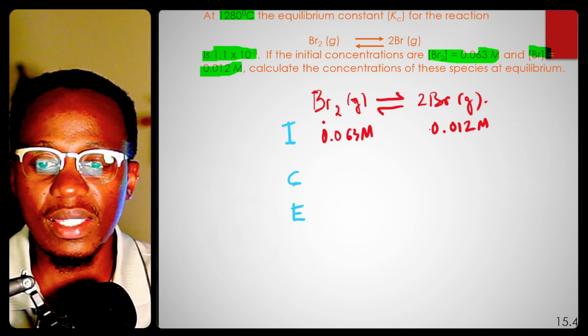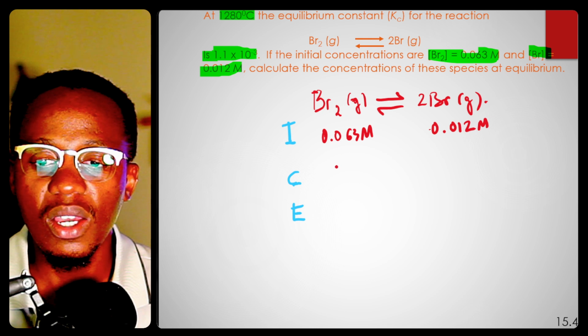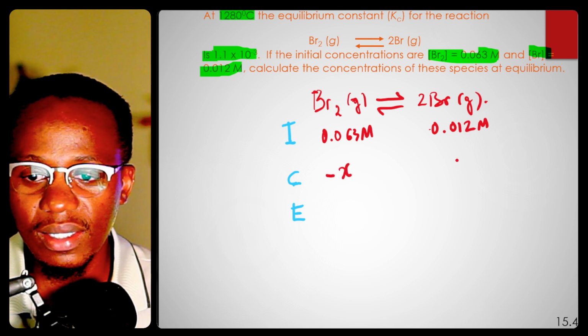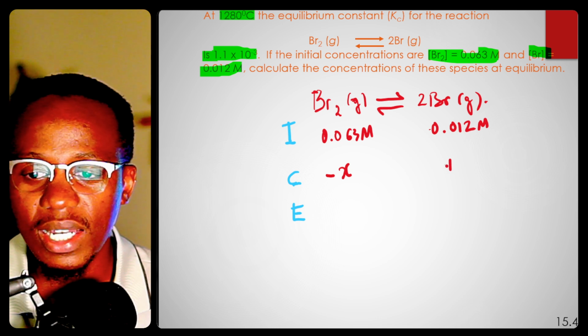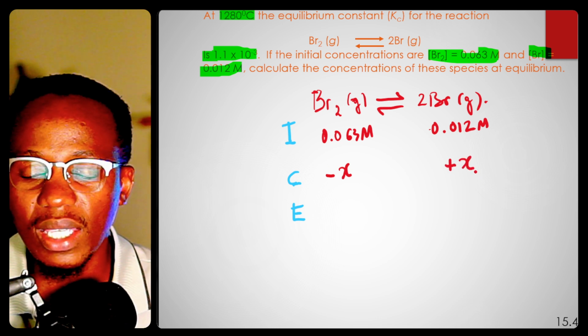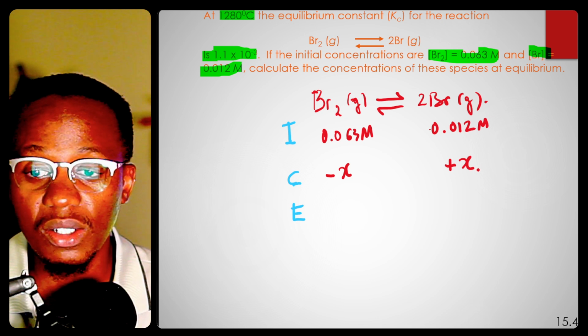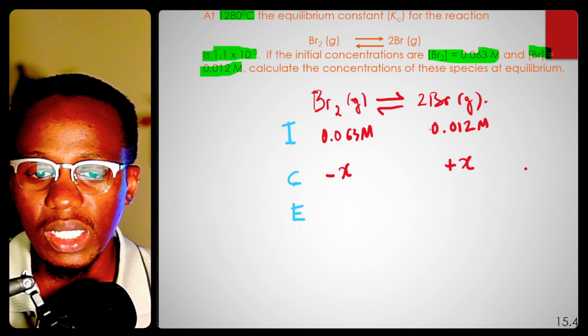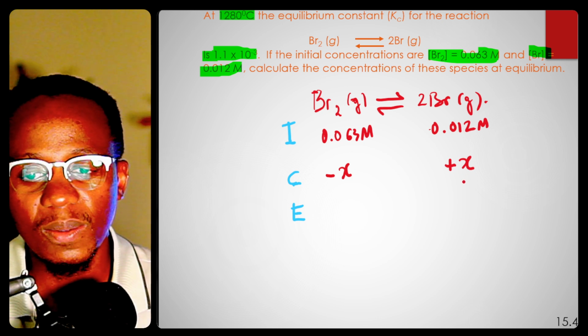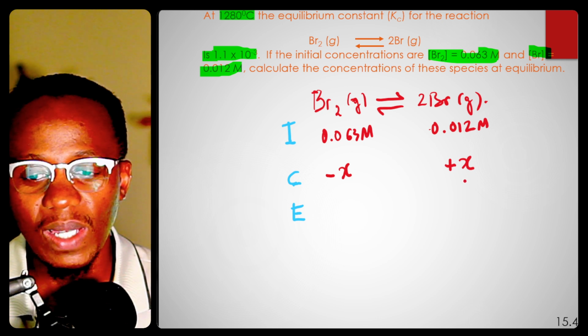It's just that this is disappearing. So how do we do that? We say minus a certain number x, and this same number is going to be added here, right? So this is minus x, and this is plus x. That's the change. If we had another product, we would give it plus x as well. That's the ICE table, right?